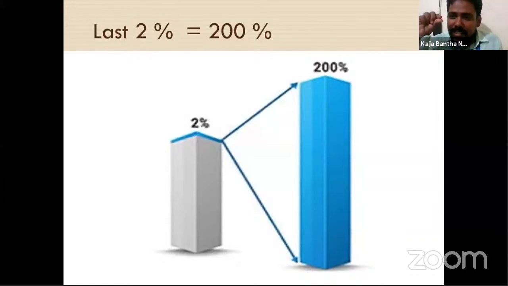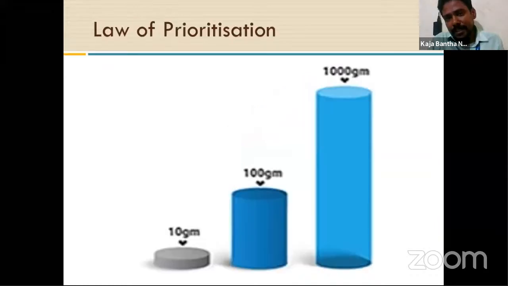The last 2% refers to the unstated problem definitions, the unstated customer requirements, which reflect 200%. Nokia did not address this problem, but another mobile could address it. That is the growth of the company. That is, the last 2% is 200%.